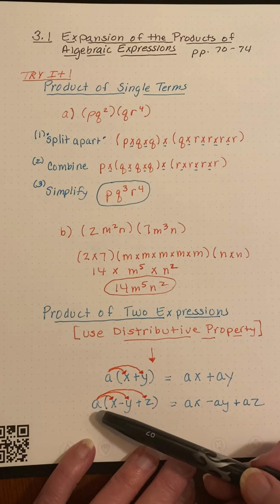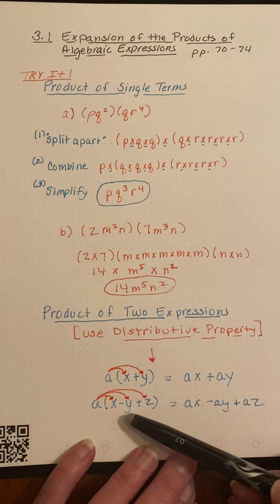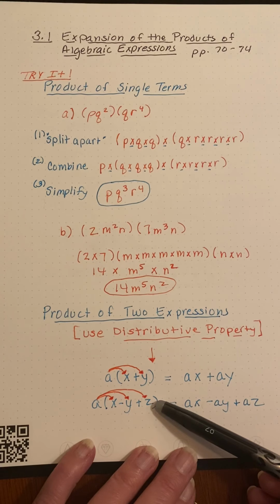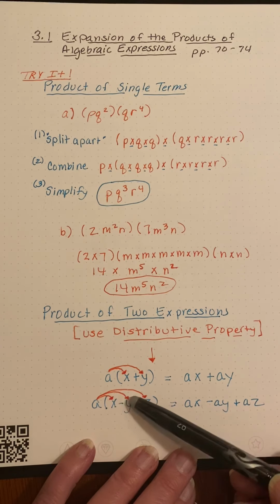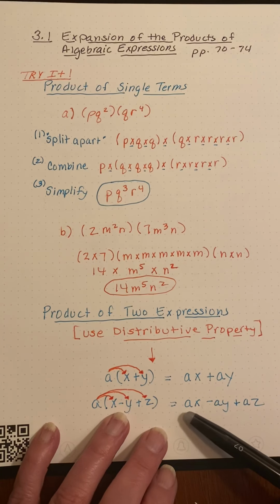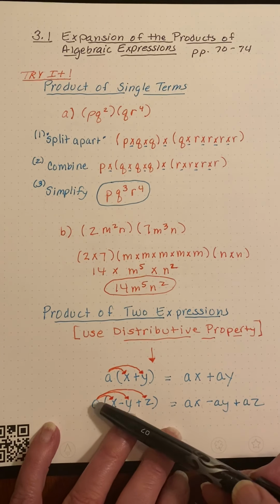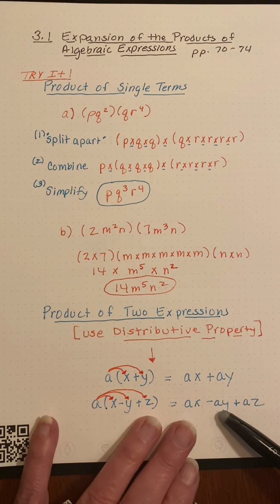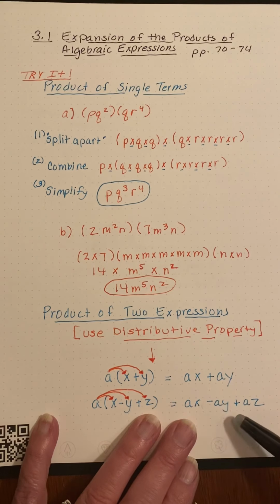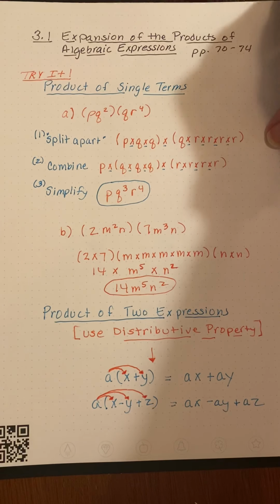And then you can also do that to 3 terms, where a times x minus y plus z, you distribute the a 3 times. So first to the positive x, which is ax, and then to a negative y. So a positive a times a negative y is a negative ay. And then again, a to the positive z is a positive az. So that's just a quick review of the distributive property.